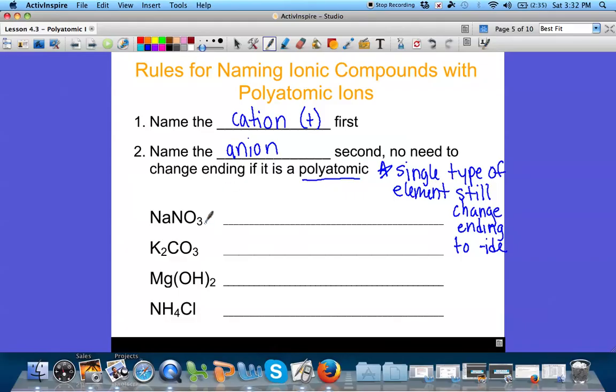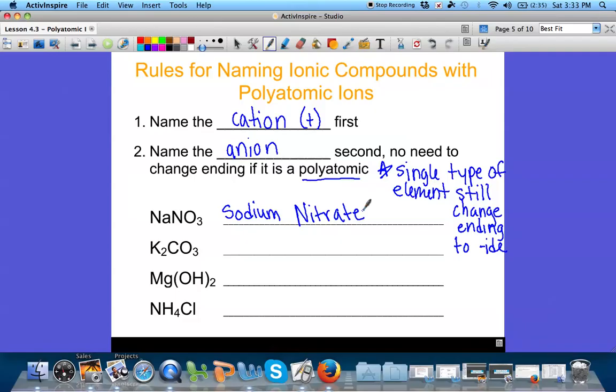So we have NaNO3. Our cation is going to be sodium. Our anion is our polyatomic NO3, which is nitrate. We have K2CO3.